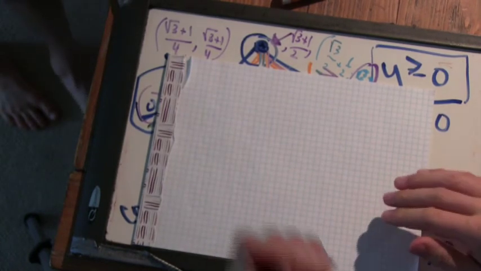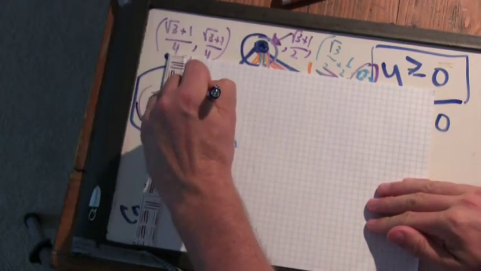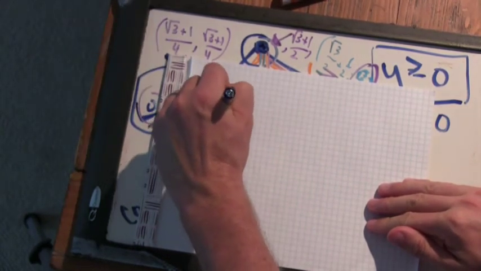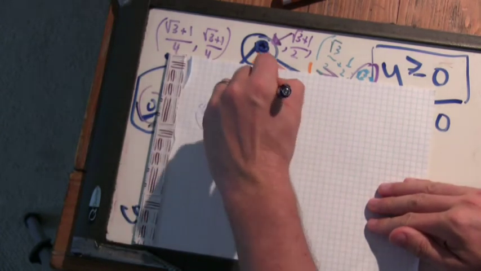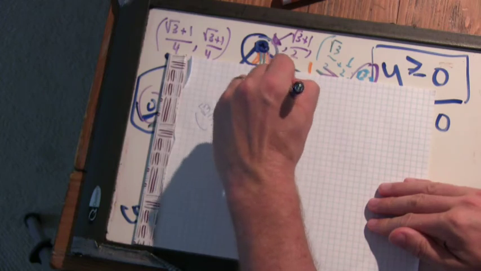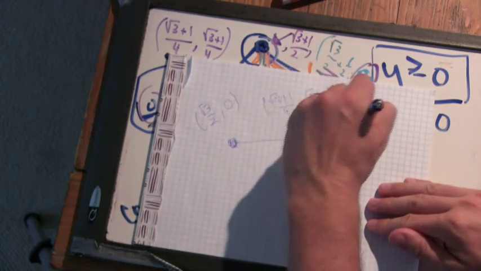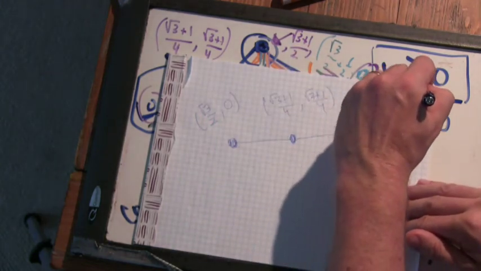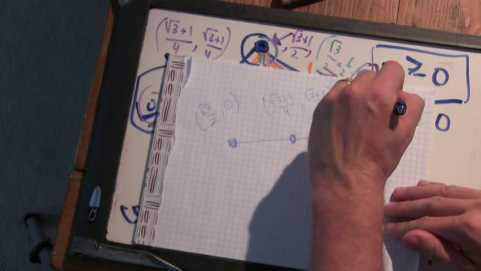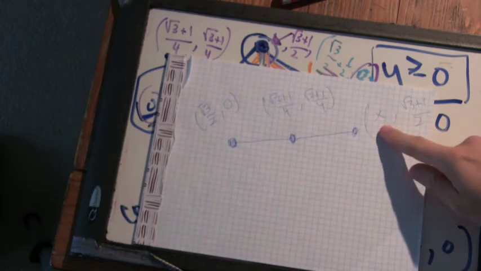So I have a point, root 3 over 2 over 0. My middle is root 3 plus 1 over 4, root 3 plus 1 over 4. And my end, we've already said the y value is root 3 plus 1 over 2, but we don't know the x value. Okay, but what equation do I know that's going to help me determine this x value?